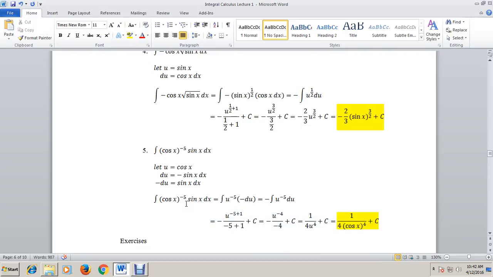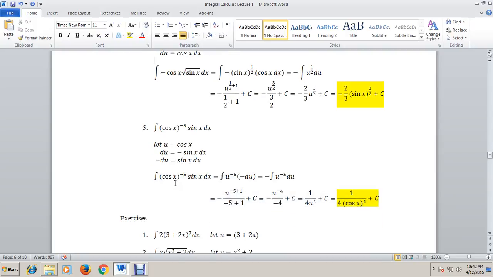Now, doing the replacement for u and du, cosine x is your u, so cosine x raised to negative 5 becomes u raised to negative 5. Again, sine x dx becomes negative du, and negative du is negative 1 du.